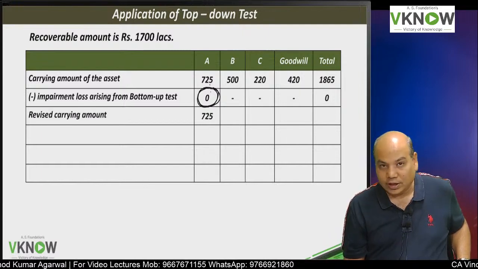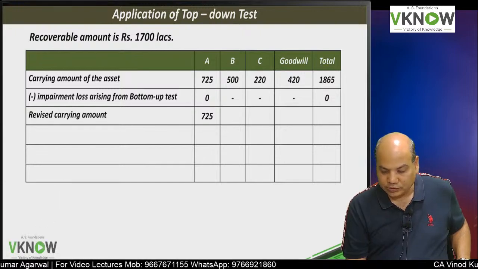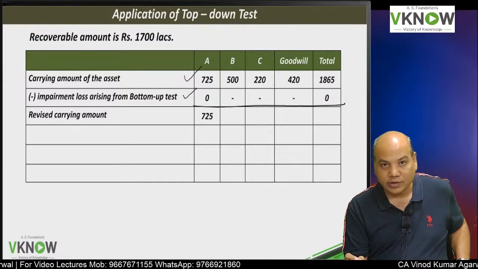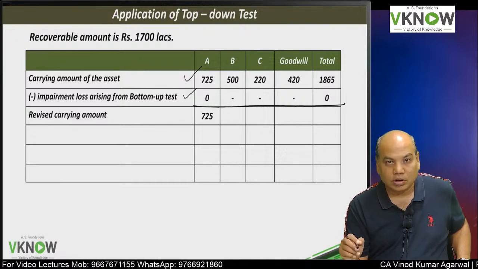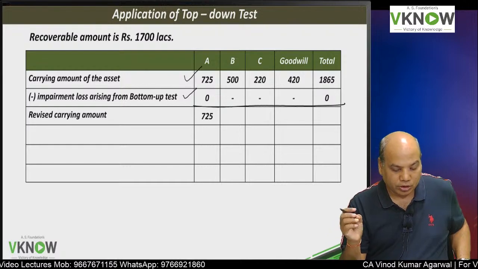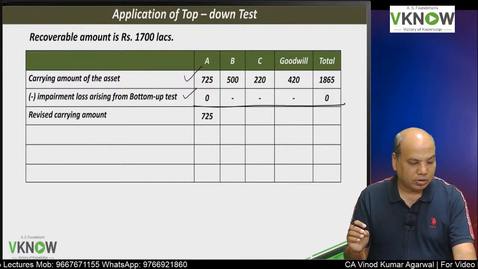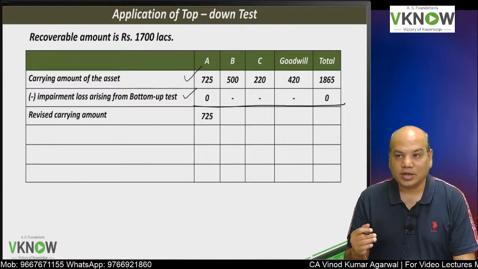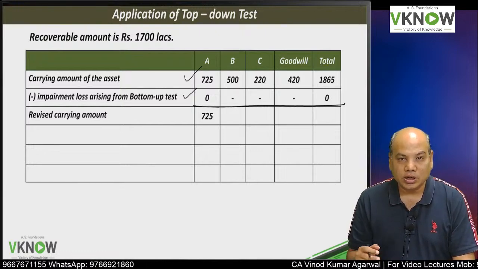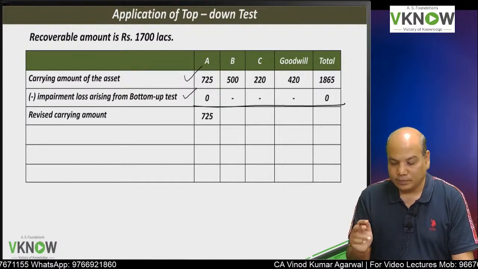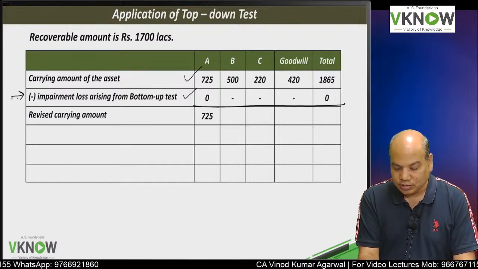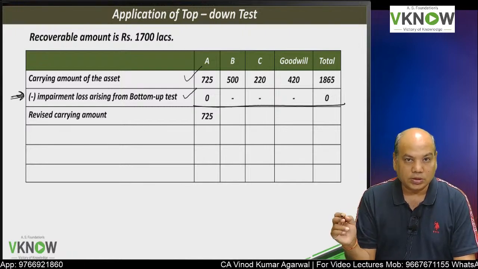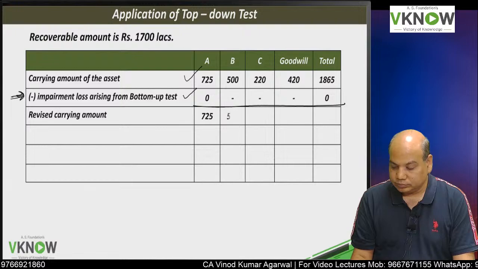What is the revised carrying amount? Revised carrying amount will be carrying amount minus impairment loss under the bottom up test. In this problem there is no impairment loss under the bottom up test, but there can be. So I have made the provision for that line in case in your exam there is a loss in the bottom up test, deduct it.